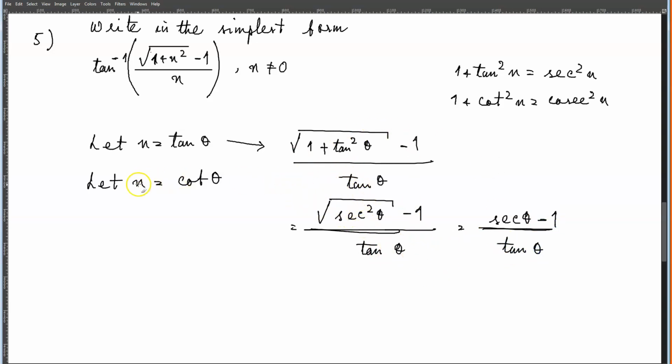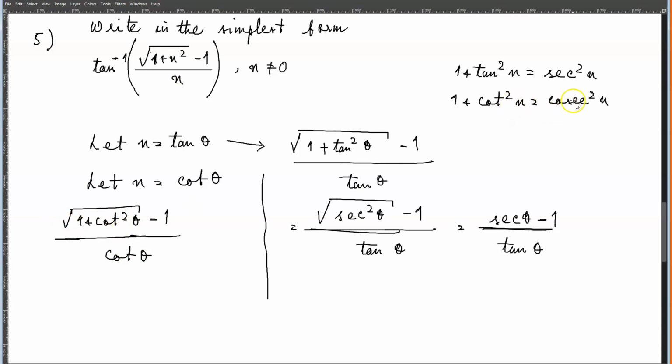The second possibility is that if I say let x be equal to cot theta, then this whole expression becomes the square root of 1 plus cot squared theta minus 1 over cot theta.